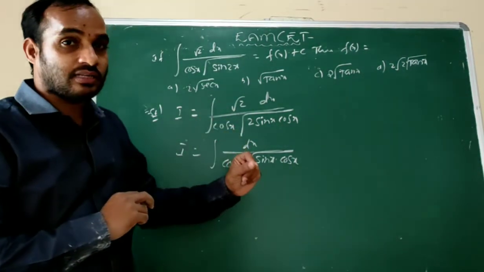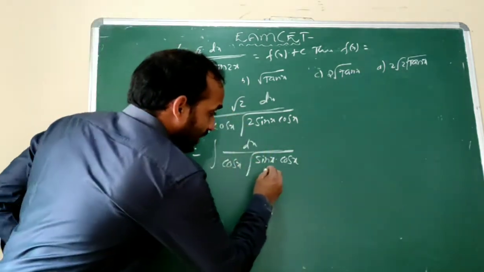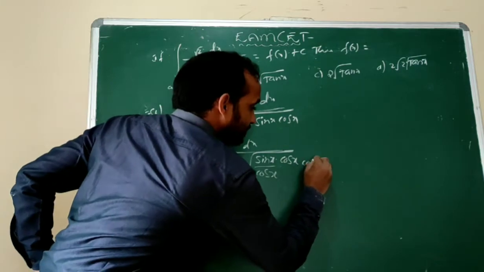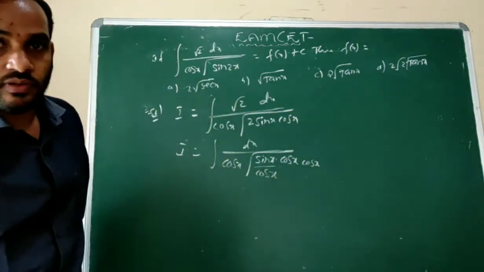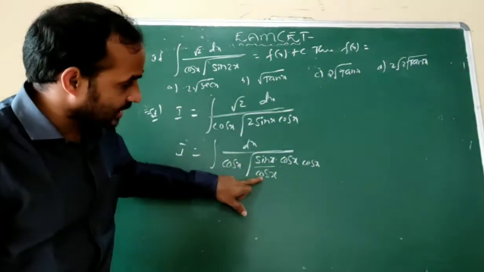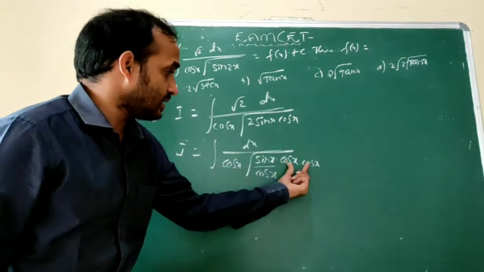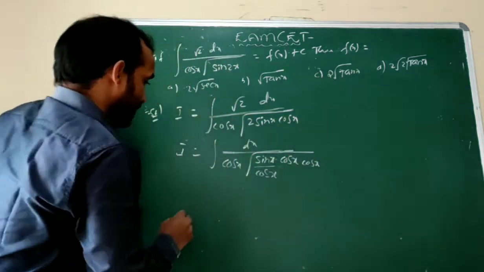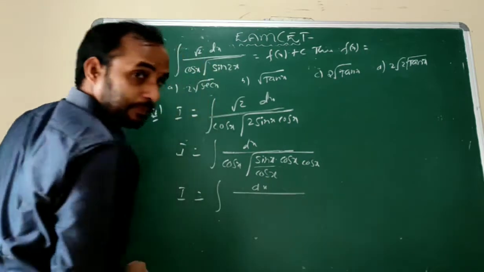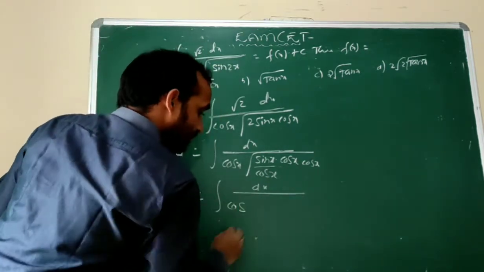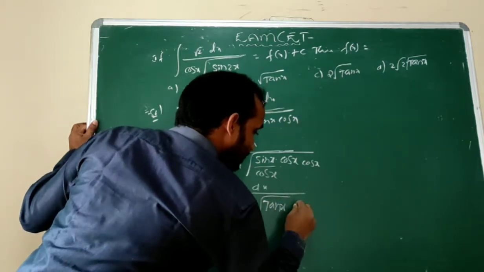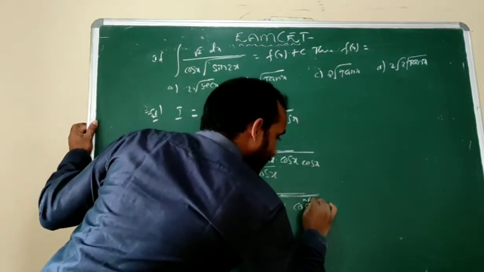So very simple logic. You have to remember that here, divided by cos x into cos x. Observe that once again. You already have sin x cos x as it is, divided by sin x into cos x. Here is under root cos square. So that means capital I is equal to the integral of dx by cos x under root tan x into under root cos square x.